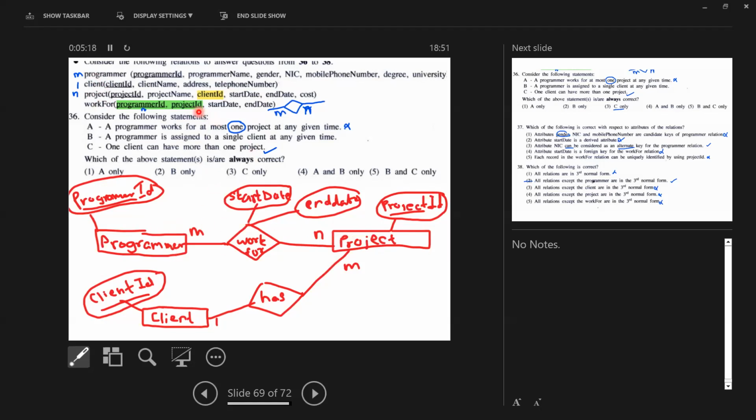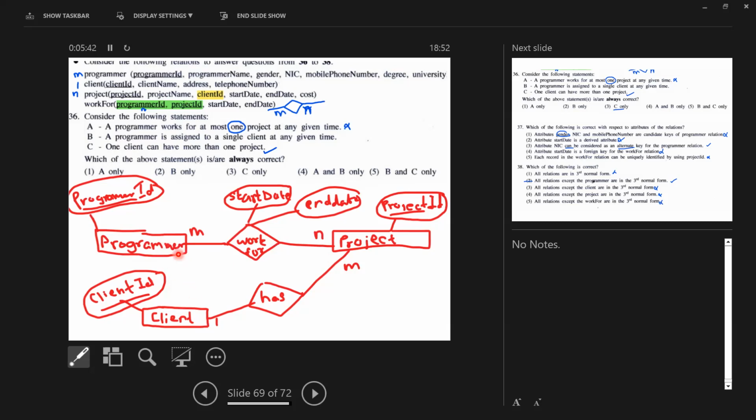Therefore, the answer A is wrong. B, a program is assigned to a single client at any given time.